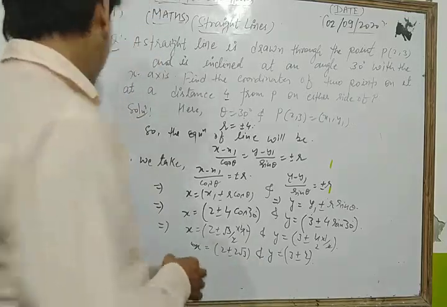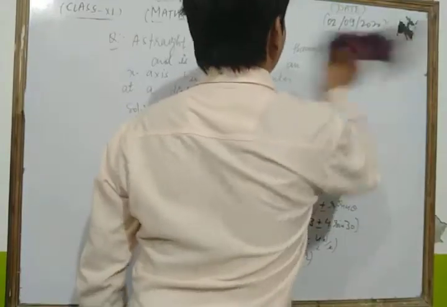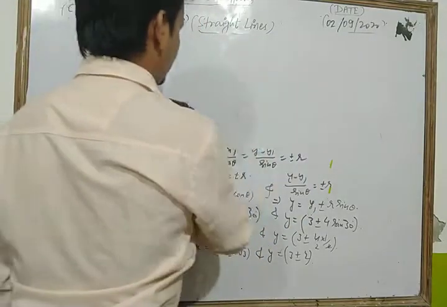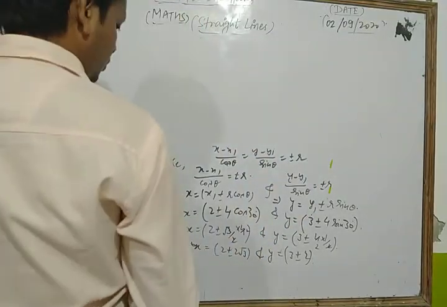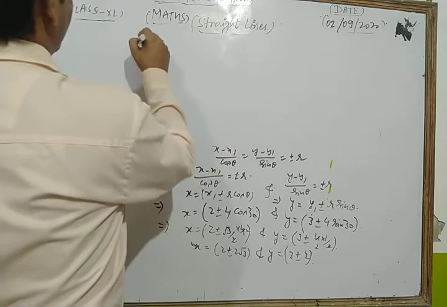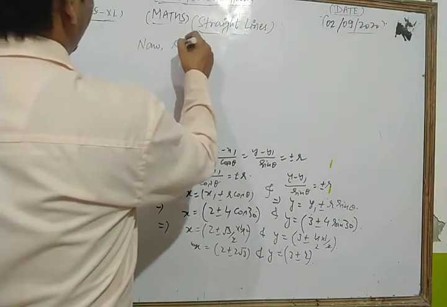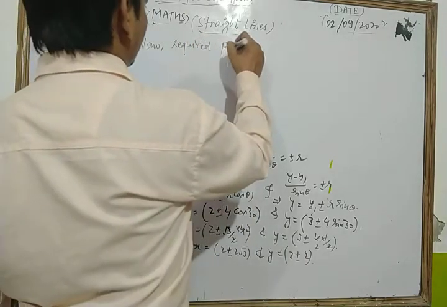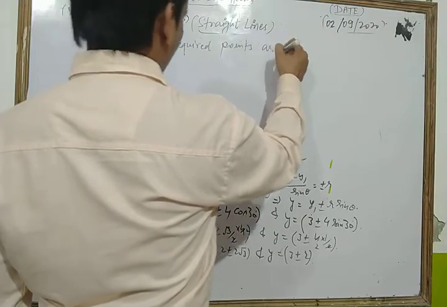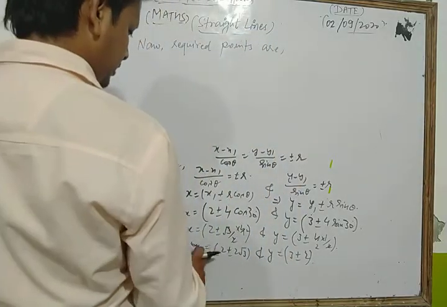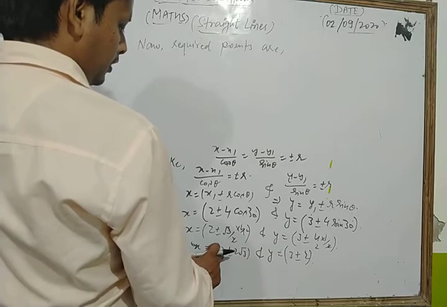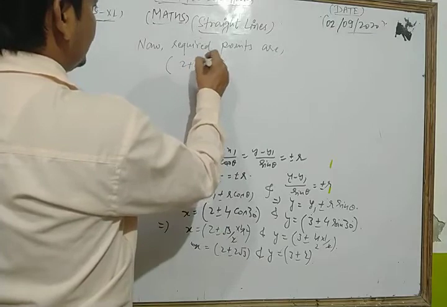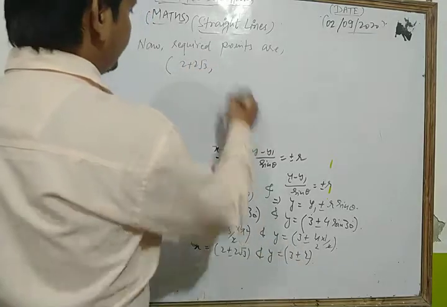Now the required points are, if we take positive, 2 plus 2 root 3 comma, here we take plus, so we get 5.